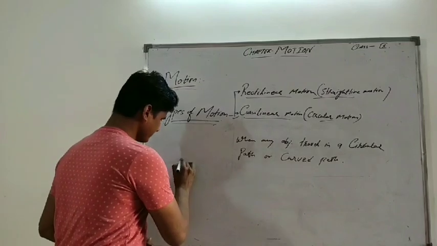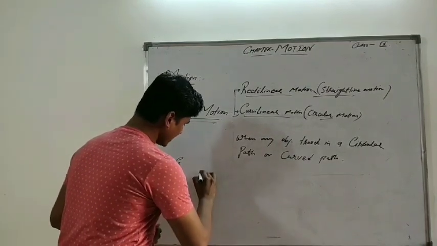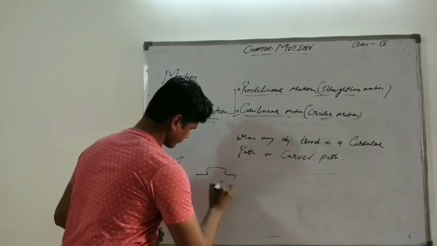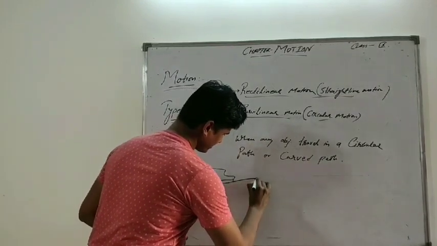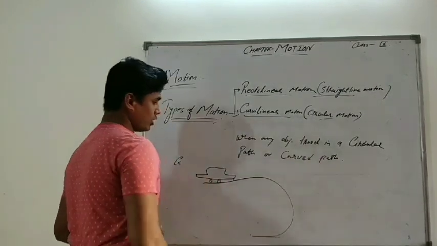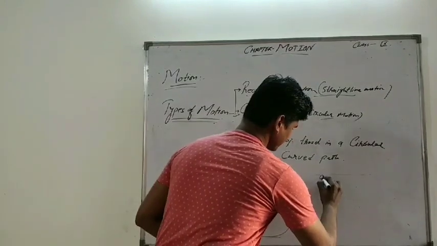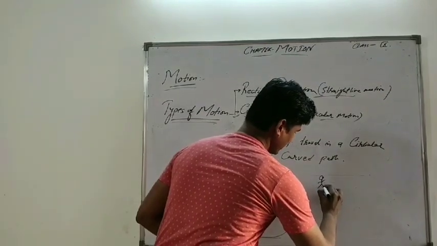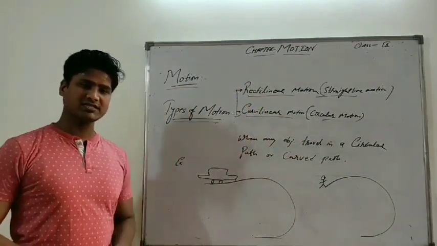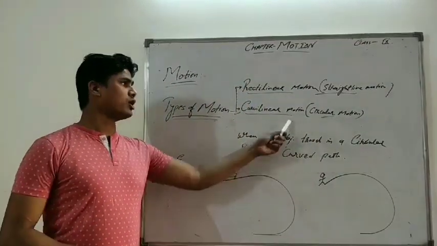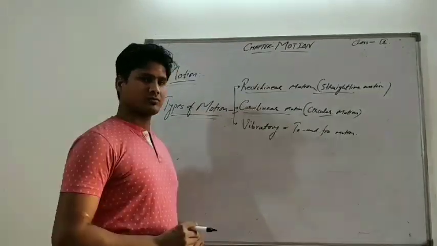For example, a car moving in a curved path, or an athlete running along a curved path. The motion is said to be curvilinear motion or circular motion.